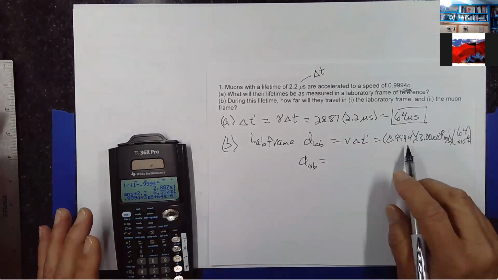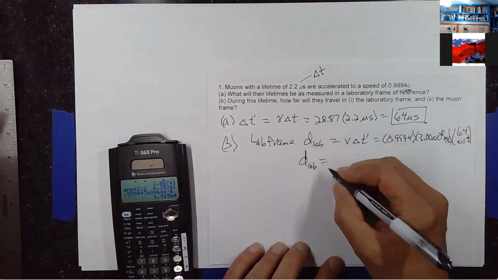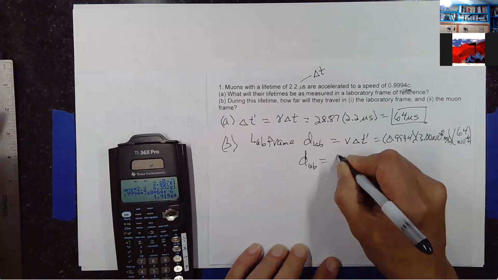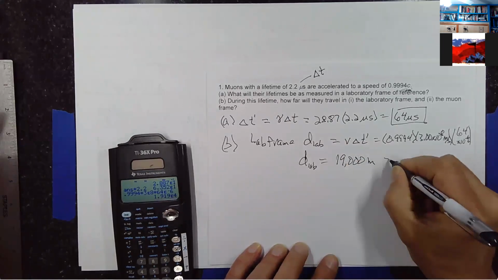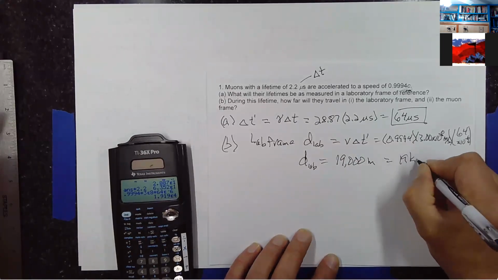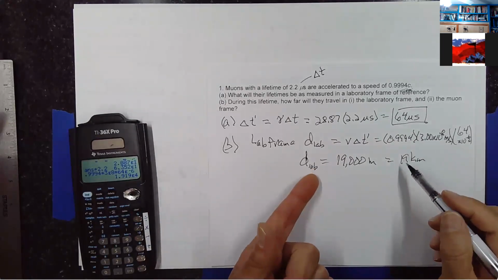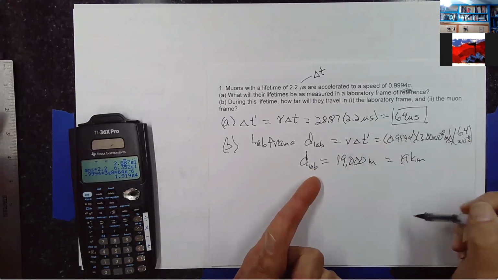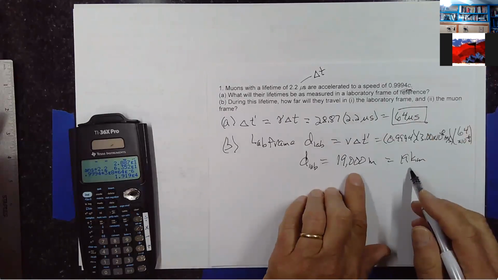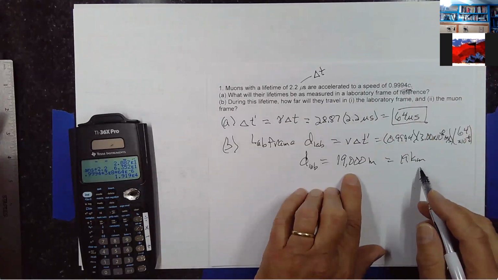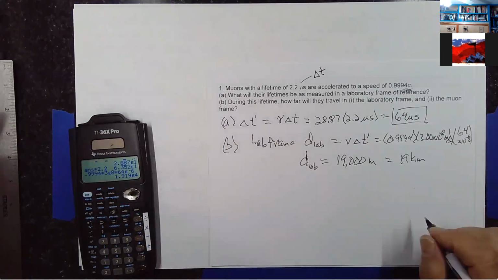I think I've got everything I need. Okay, in the laboratory frame, they'd travel a fair distance, actually, 19,000 meters, or 19 kilometers. So if you had a linear particle accelerator where they went in a straight line, you'd have to have it being 19 kilometers long. Otherwise, they're going to run into the end of it and you're going to lose your little muons there.